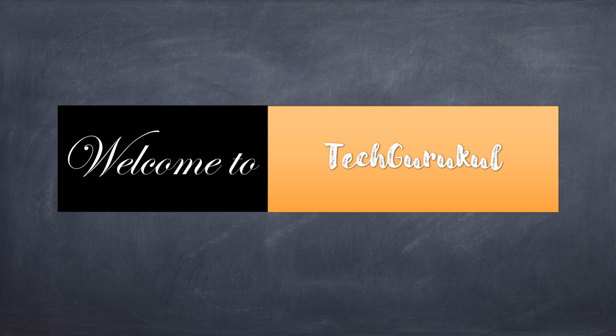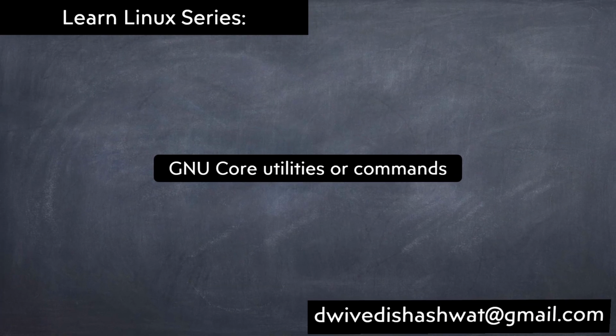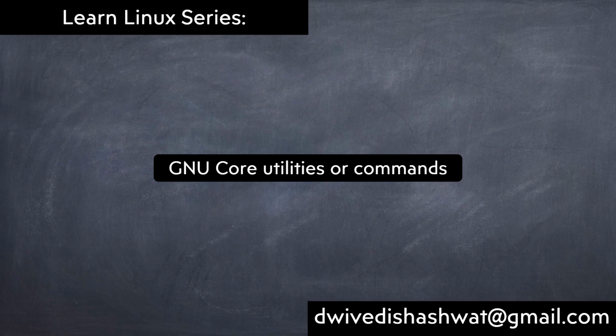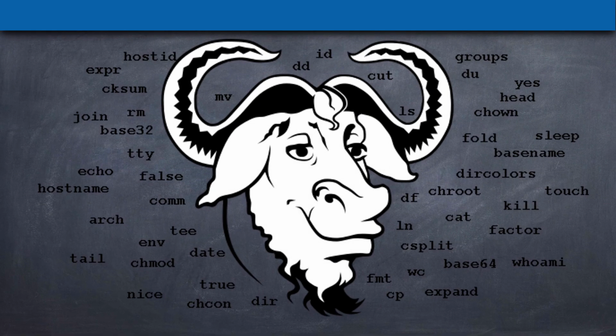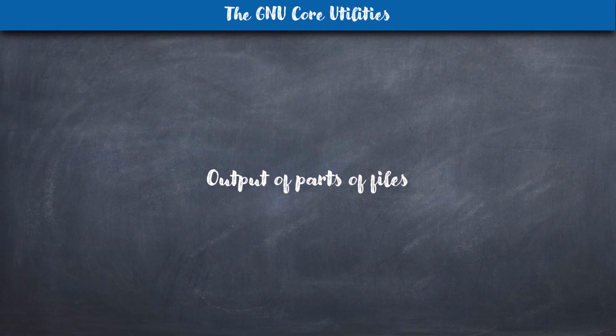So let's learn some new things here. As you know, we have been going through the core GNU core utilities and commands. So let's continue with that. Today we'll be learning about commands to output a part of a file.